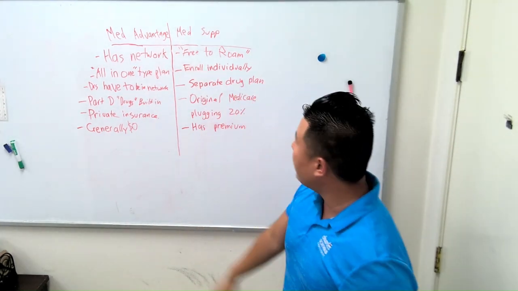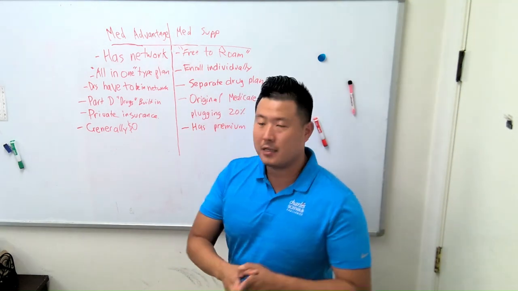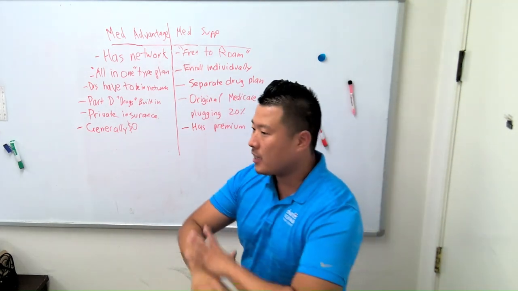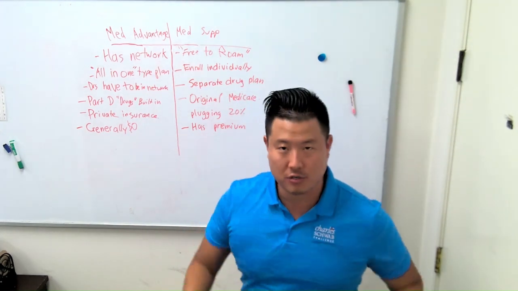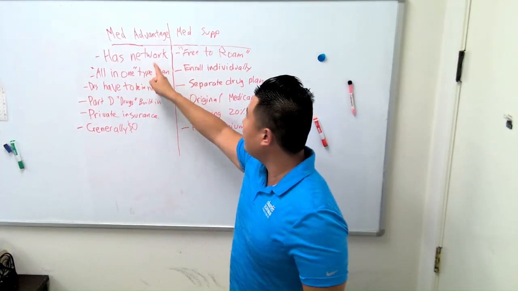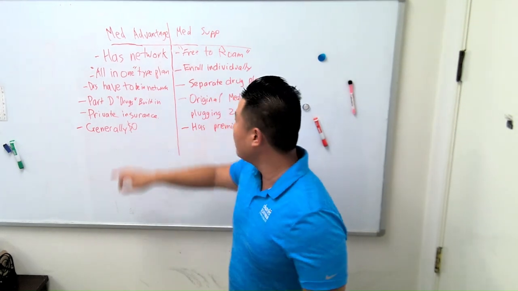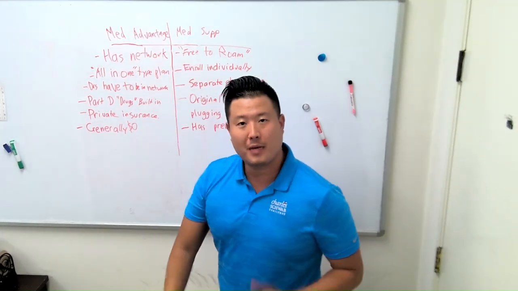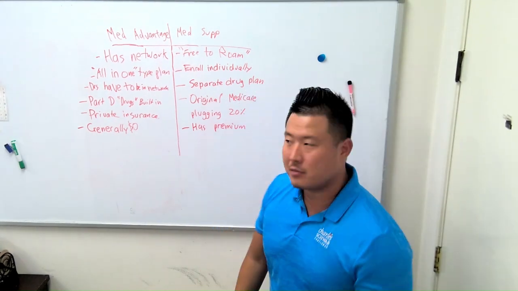So Medicare Advantage generally has a network. Let's say your client has a doctor that they have to go to. Like, this is non-negotiable. I have to go to that doctor. Your job is to find a plan that has that doctor in that medical group, so it is in network. So generally with Medicare Advantage plans, they're like an HMO, PPO type of style.